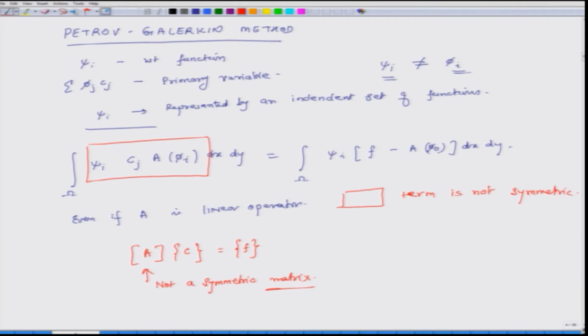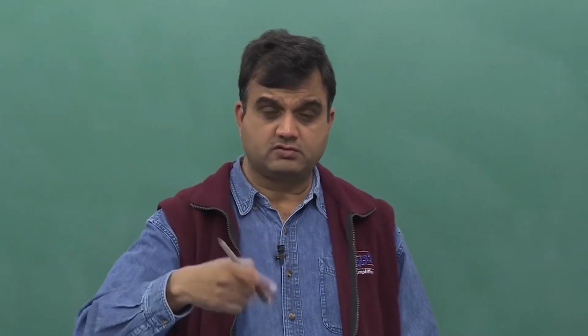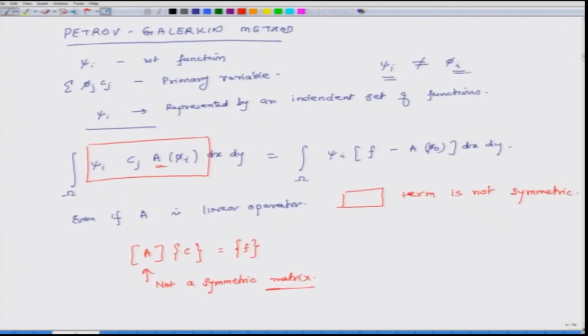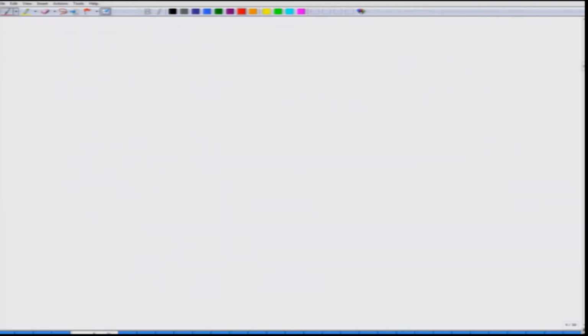If we want this matrix to be symmetric, and A is an operator of even order, second order or fourth order, then we can weaken the differentiability and get a symmetric matrix. But if we keep it as is, the A matrix will not be symmetric. So this is all about the Petrov-Galerkin method.